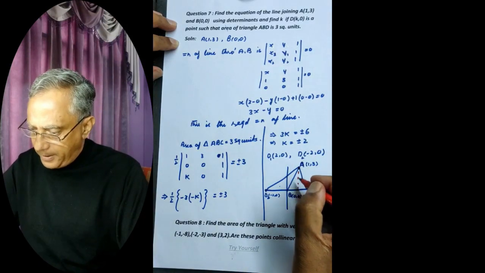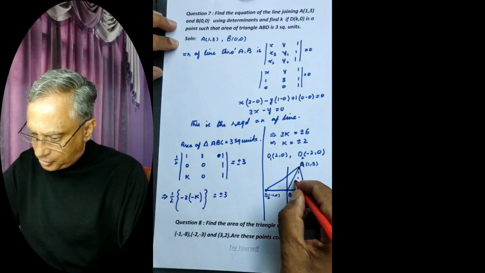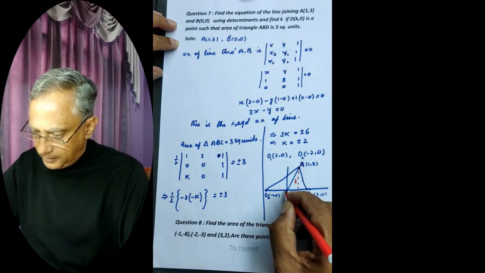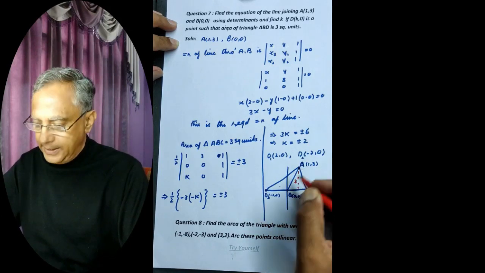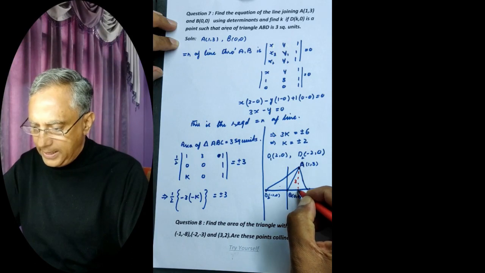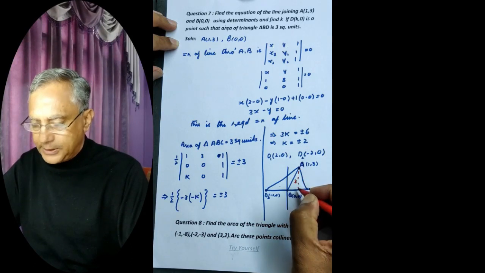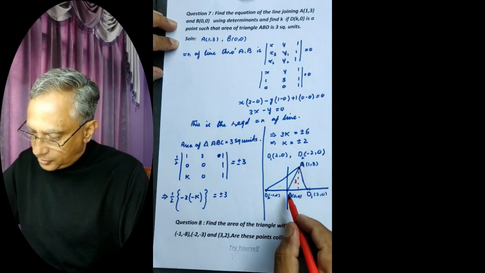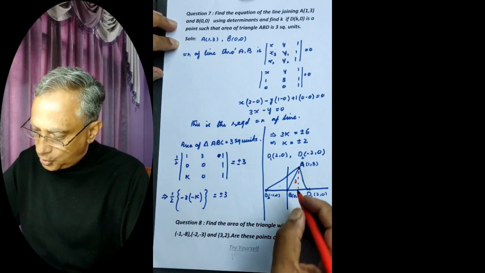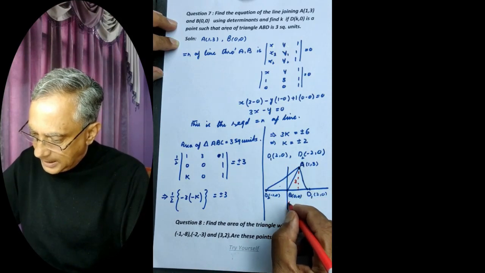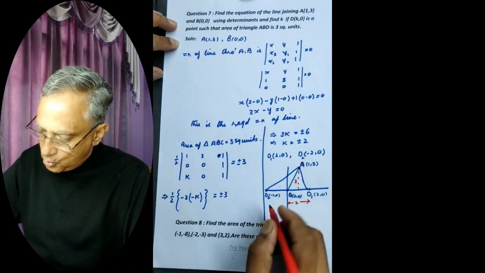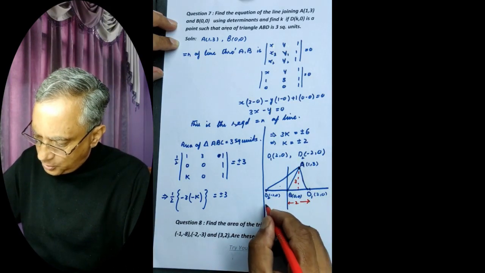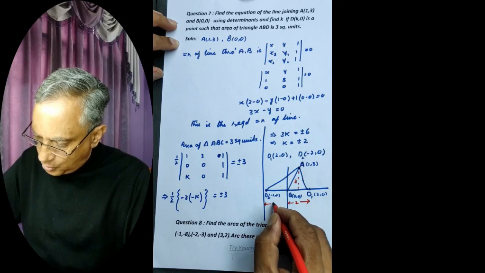Now length of this perpendicular is 3. This is 1, this is 3, because A is (1, 3). X coordinate is 1 and Y coordinate is 3. So this is 3. Now this is (2, 0), so this length is 2. Base is 2. And this is (-2, 0), so this is 2.